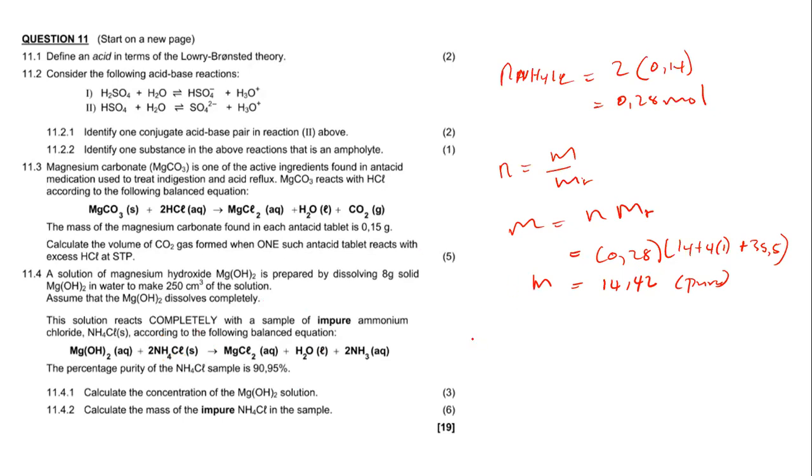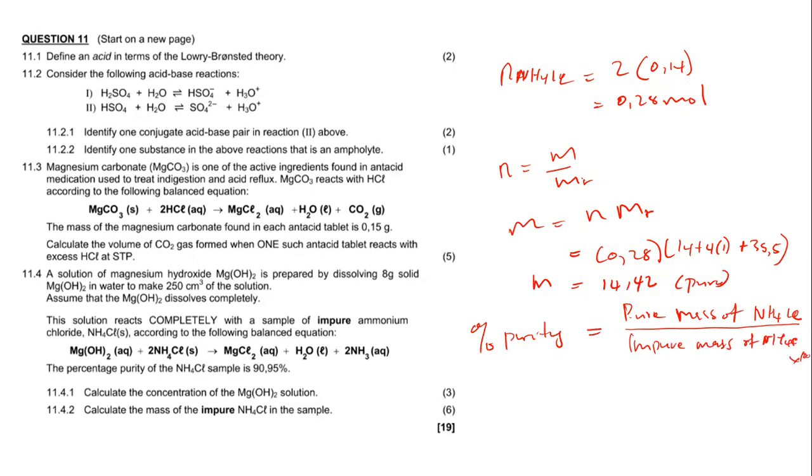Now, the percentage purity is equal to the pure mass of NH4Cl divided by the impure mass of the very same NH4Cl, multiplied by 100.